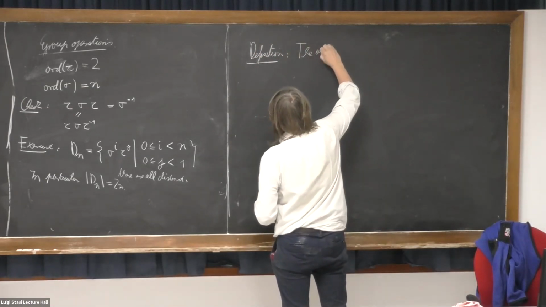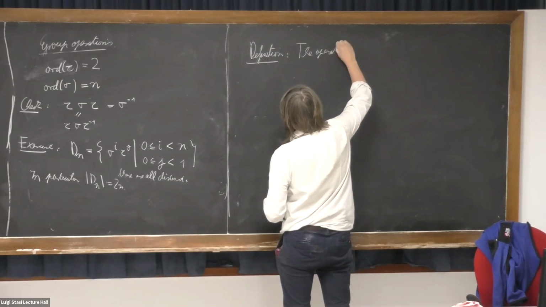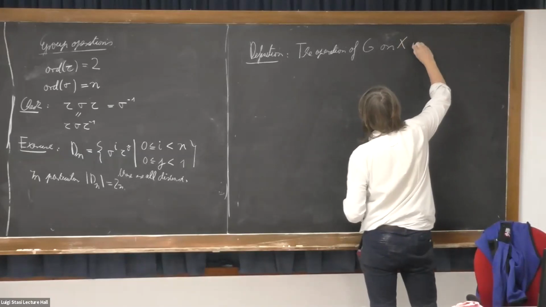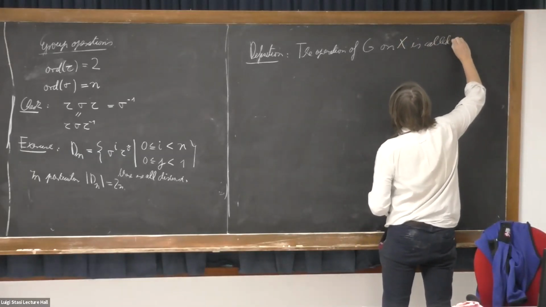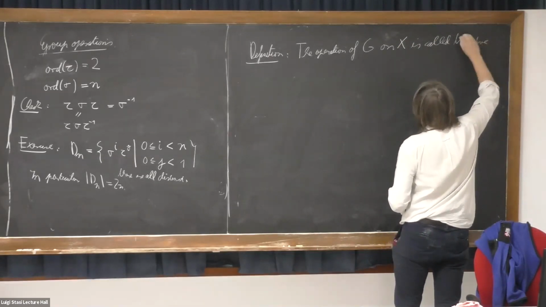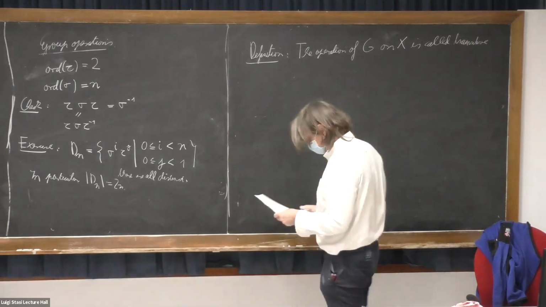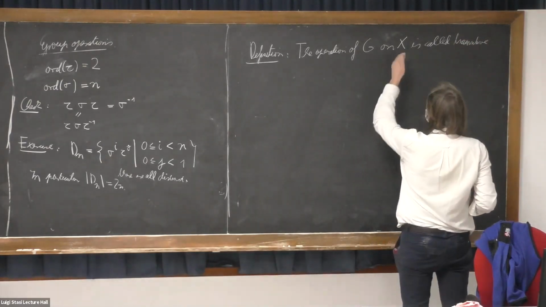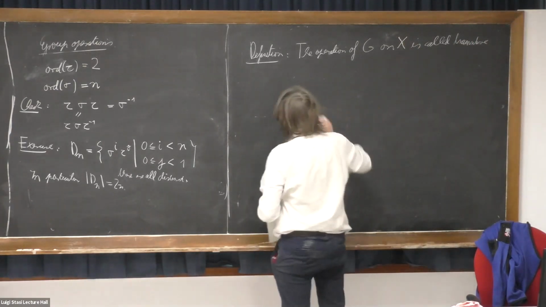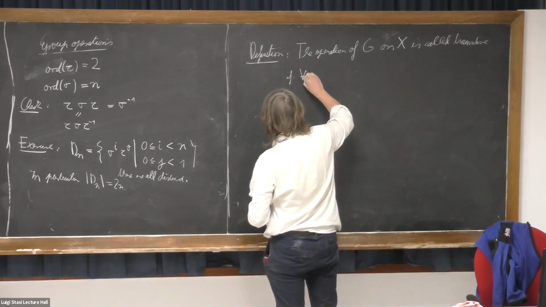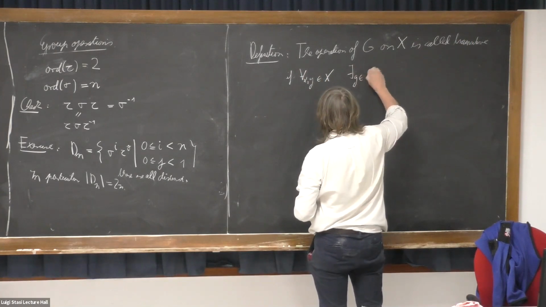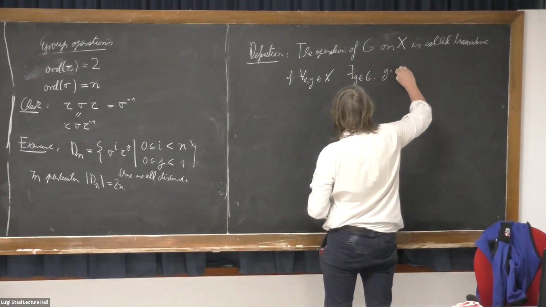An operation of G on a set X is called transitive if the elements of G can move any element of X to any other element of X. So if for all elements x, y in X there exists an element g in G such that g times x is equal to y.